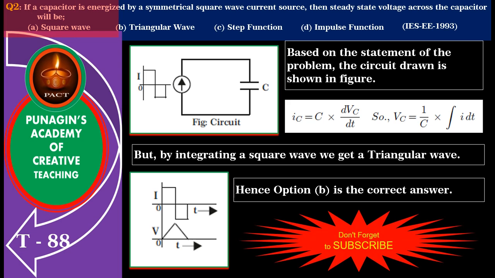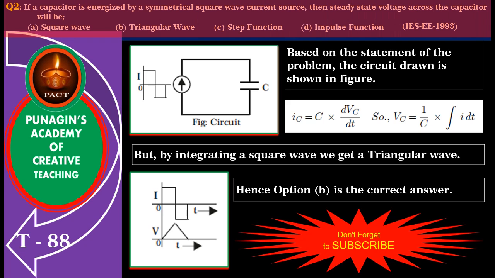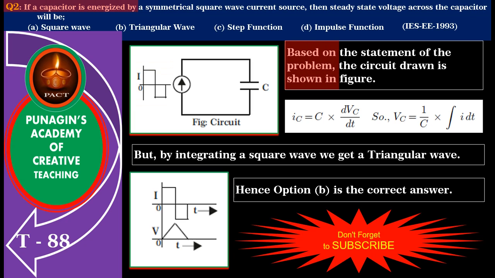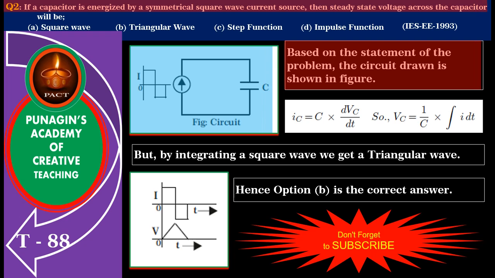Friends, next we shall solve question 2. In this question, we are required to find the steady state voltage across the capacitor if a symmetrical square wave current source is applied across it. Based on the statement of the problem, the circuit drawn is shown in figure.